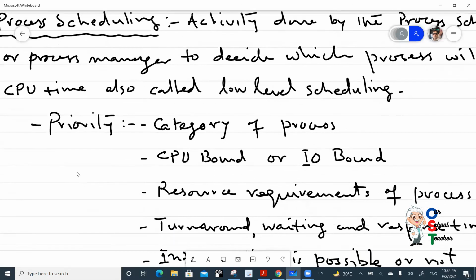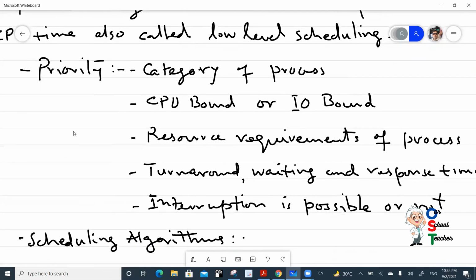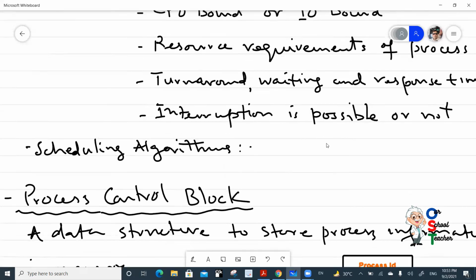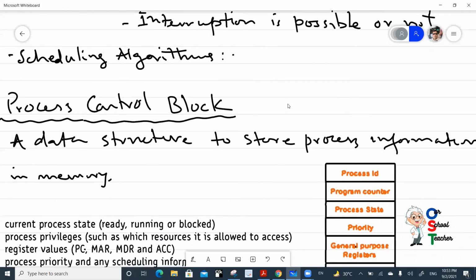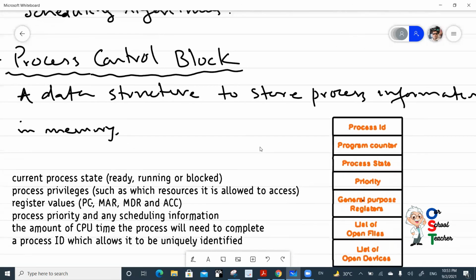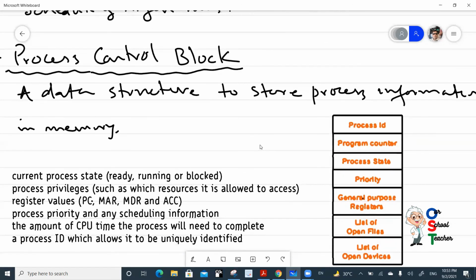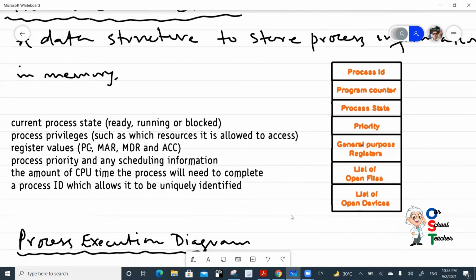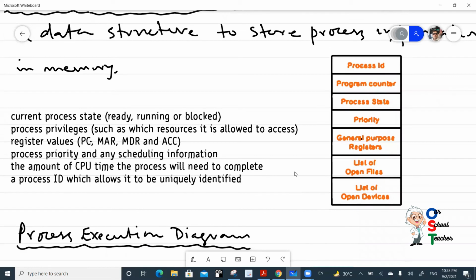By using the low level scheduling, the process manager decides that using priority and scheduling algorithm, which process will be given CPU time. Then we have seen the data structure, PCB, process control block, and we have discussed the different pieces of information about the process which are kept in the PCB.